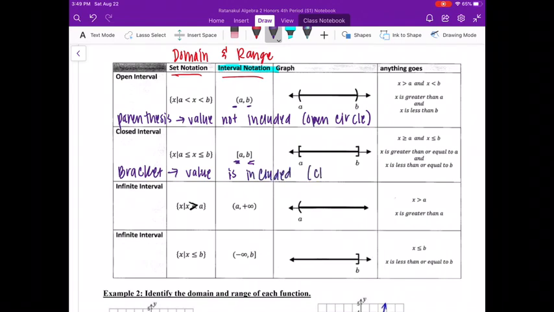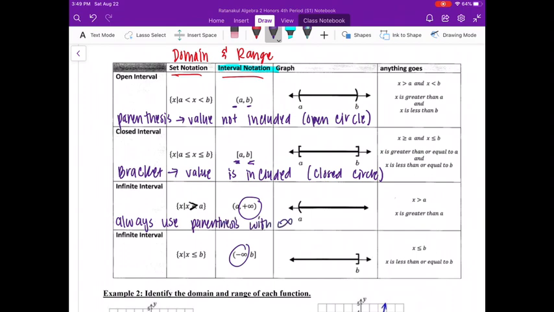And sometimes you'll see that on a graph with a closed circle. When we are talking about infinity, we always use parentheses. The notation will make more sense when we get to the examples on the next page.